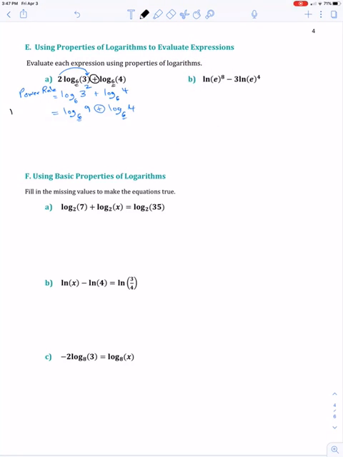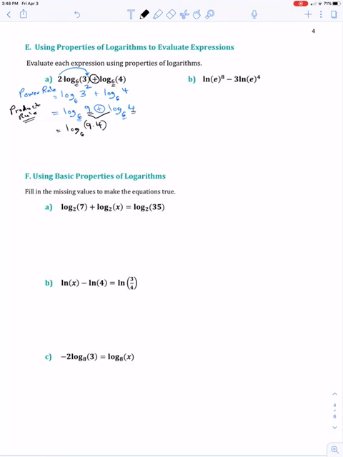The product rule allows us to add logarithms. Whatever we're taking the log of, we multiply together. So log of 9 plus log of 4 equals log base 6 of 9 times 4. There's our product, applying the product rule.